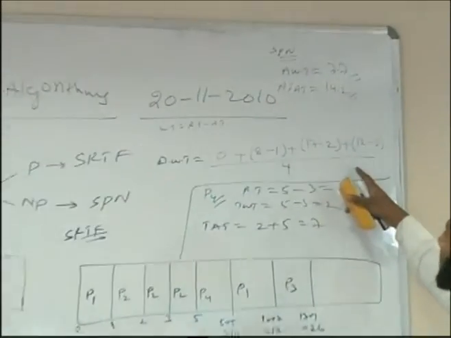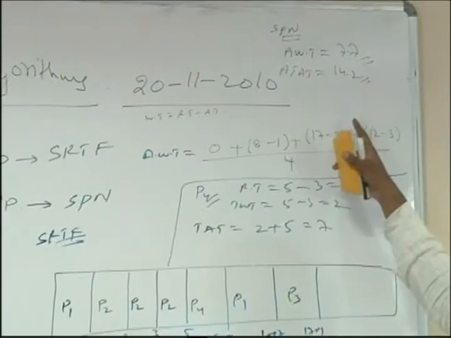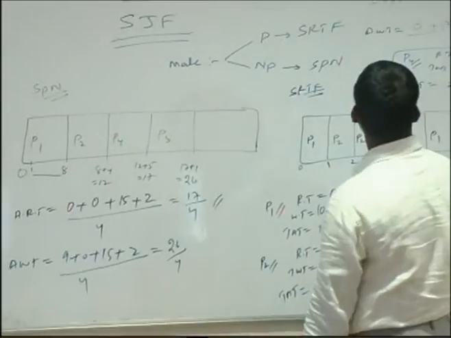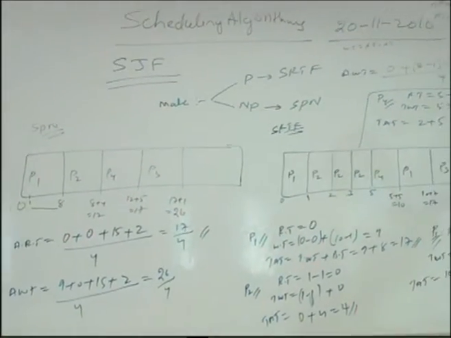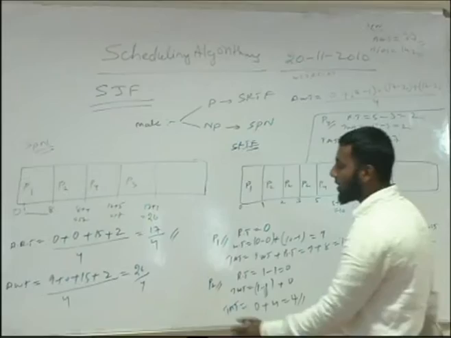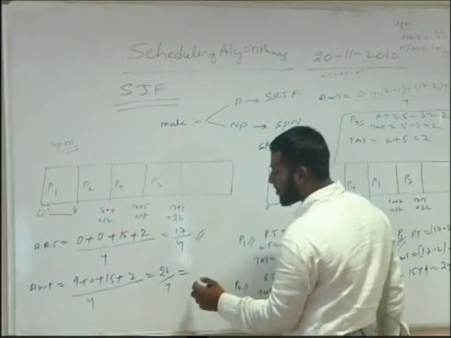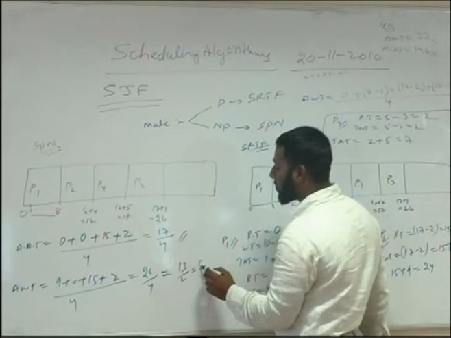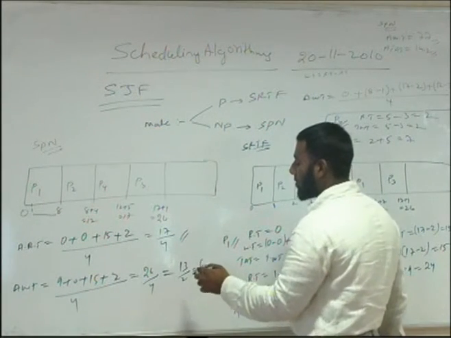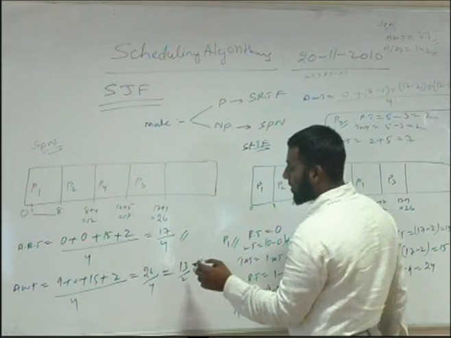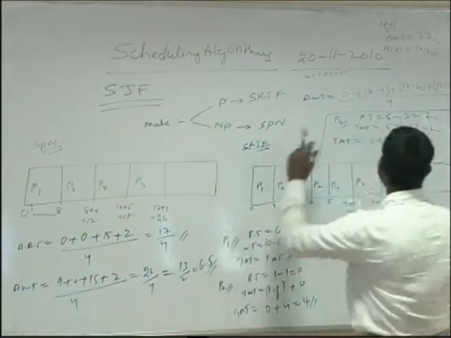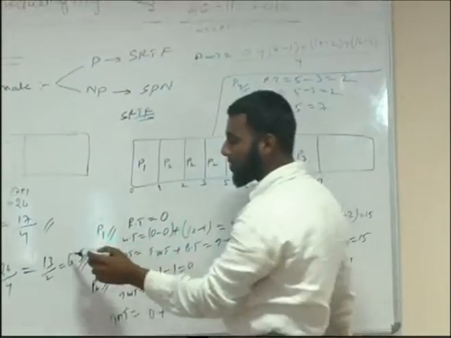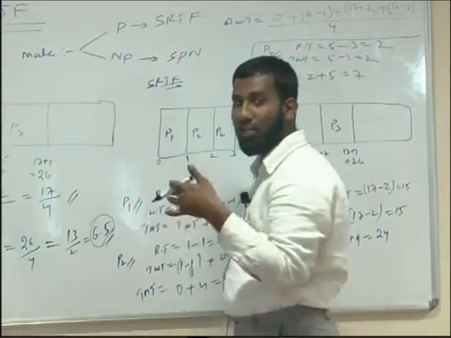I think this is far lesser than this. 4 sixes are 24, 4 sevens are 28. So here you are getting an average of 7.7, but here what do you get? 13 by 2 is 6.5. So when we compare, the average waiting time here is 7.7, and here we have got 6.5. So it has been reduced.